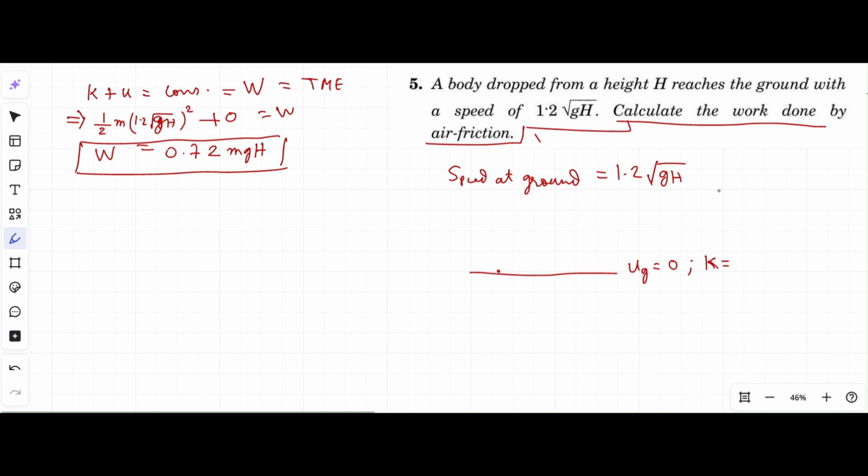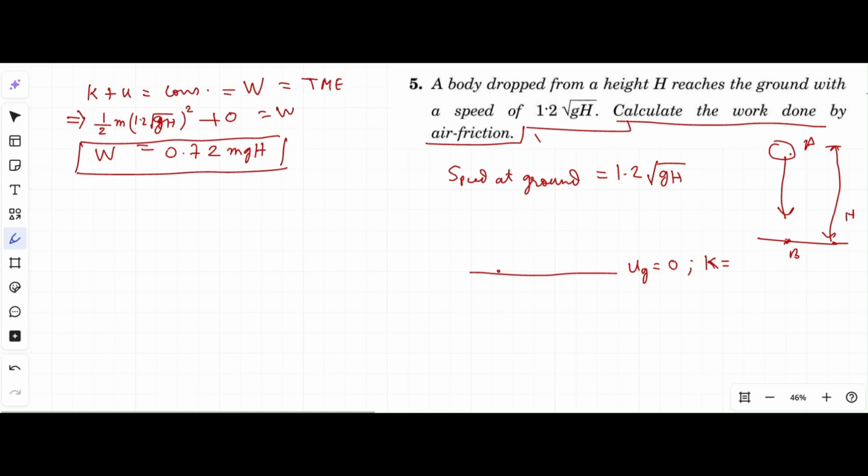Suppose there is a ball and it comes down, so we know that it has a certain velocity when it reaches the ground, but during its journey from A, which is at a height h, to B, which is the ground, where h equals 0, there will be some work done by air friction because friction is present here. So will the total mechanical energy be conserved here?